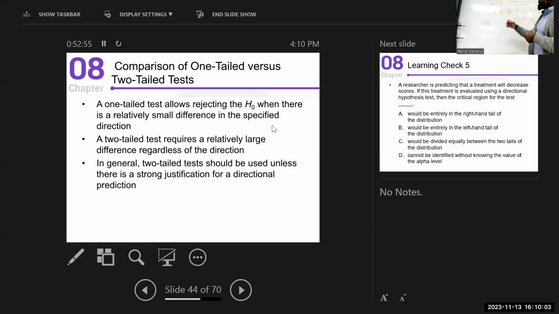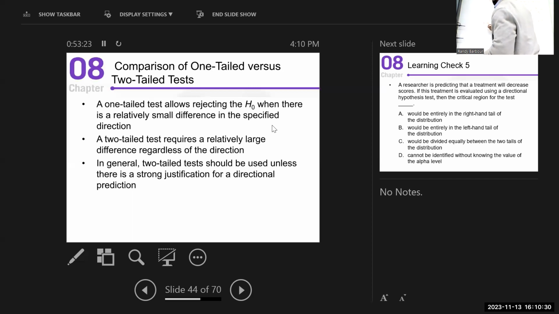The null hypothesis would say that my sample mean is equal to the population mean, that there is no difference whatsoever between those two groups.